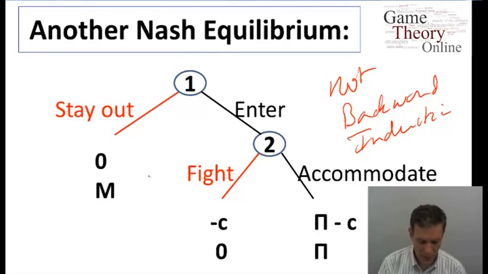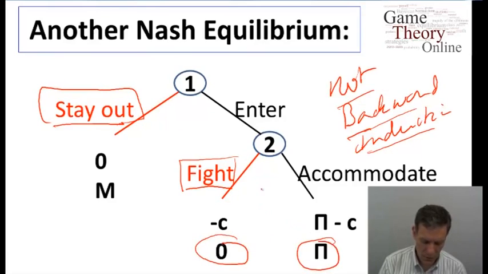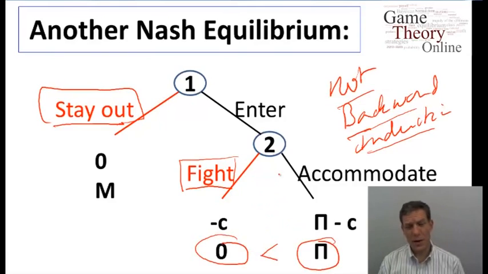And in particular here, the one we solved for before, where firm 1 stays out, anticipating that firm 2 would fight if they entered, this is not found by backward induction. This is a Nash equilibrium, but it's a Nash equilibrium only because firm 1 believes that firm 2 is going to do something which is not in firm 2's interest. So firm 2 is not maximizing their payoff at the second node.